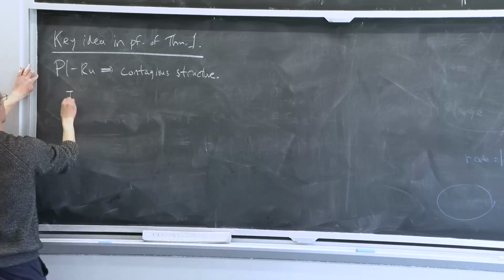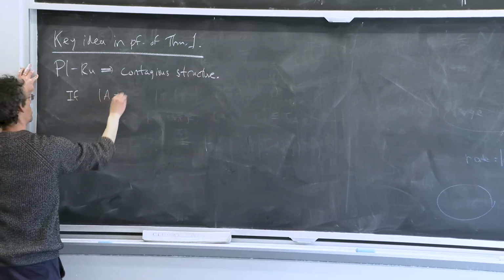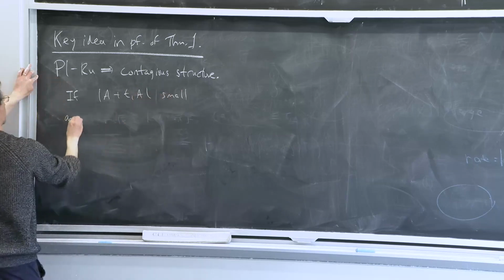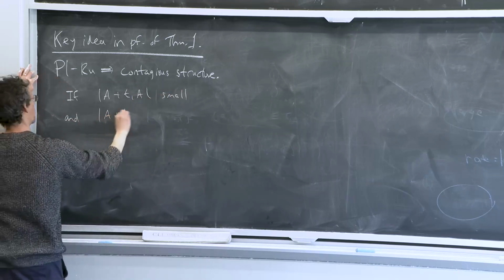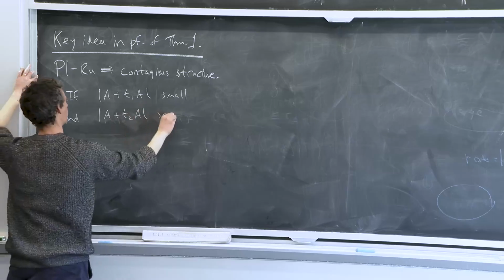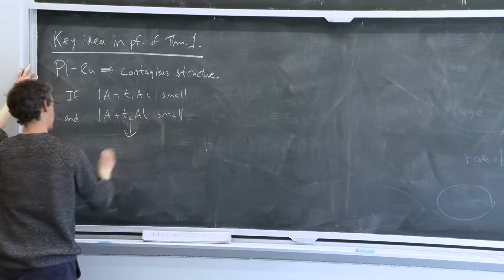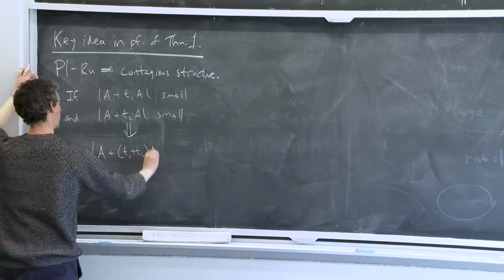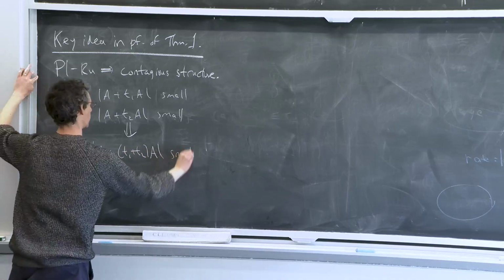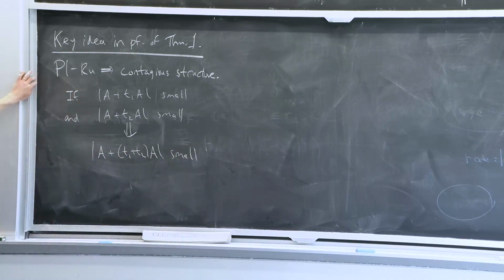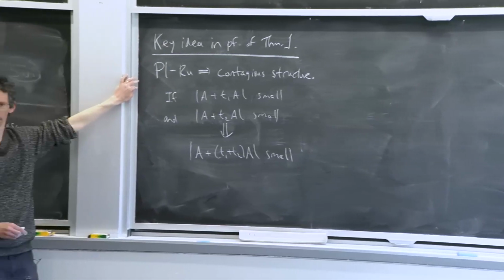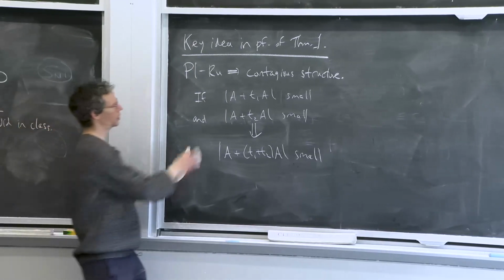It said, if A plus t1A is small, and A plus t2A is small, then A plus t1 plus t2A is also small. Not quite as small, but still pretty small. So this was the key thing.